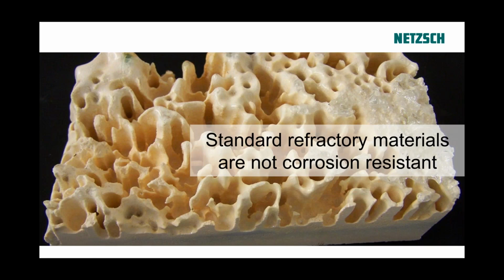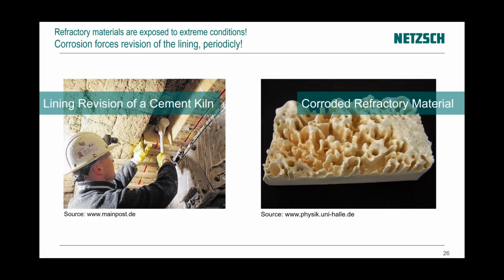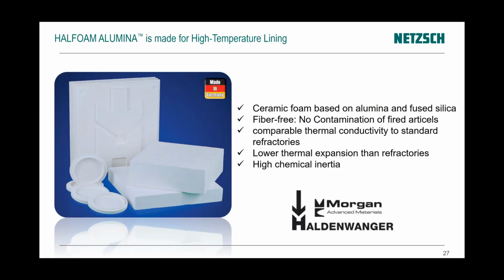As you know, those are not that corrosion resistant at all, which is the reason why from time to time the lining of a process kiln needs to be replaced. From time to time, it needs a revision caused by corrosion from the process atmospheres.